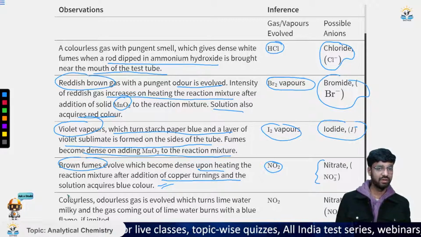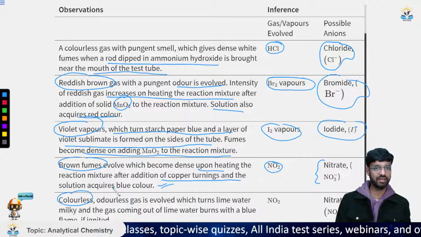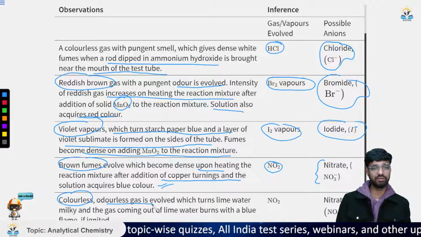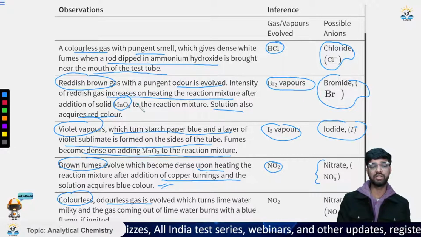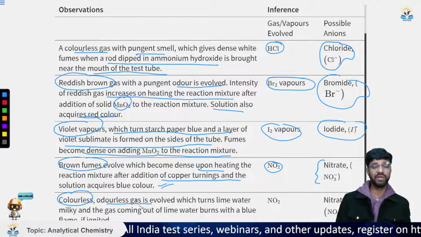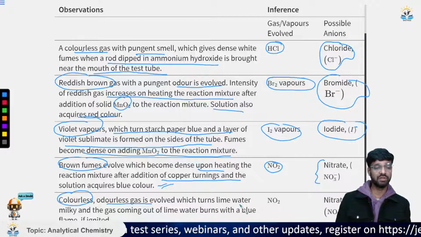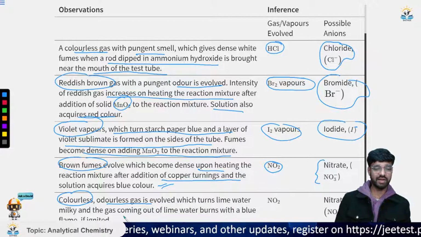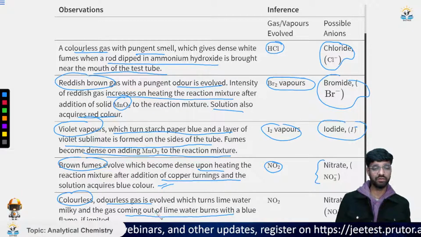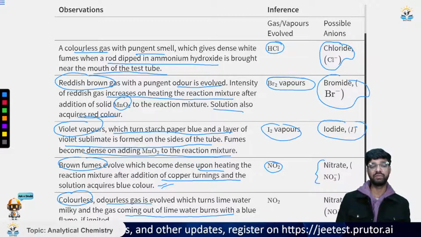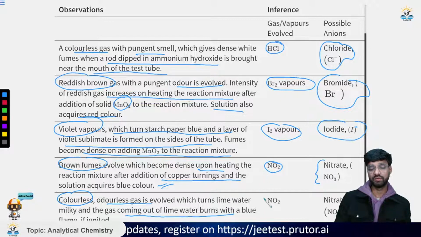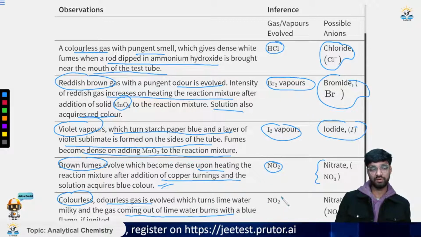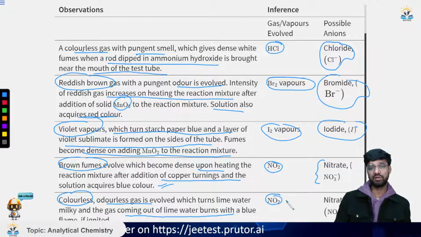Again, if we have a gas that is both colorless and odorless, unlike the earlier one which was colorless but with a pungent smell, and it turns lime water milky, and the gas coming out of the lime water burns with a blue flame if ignited, then it is the gas of a carbonate, not nitrate.